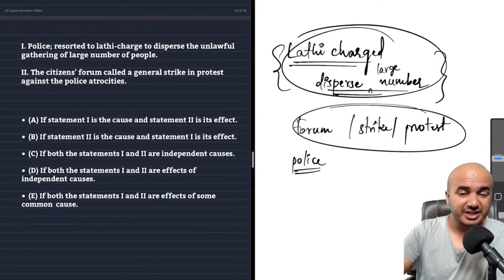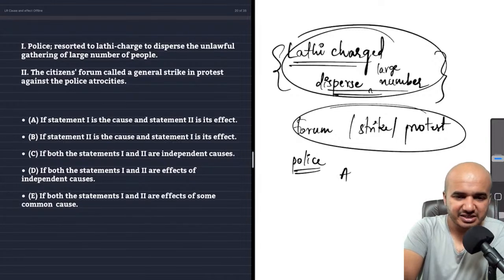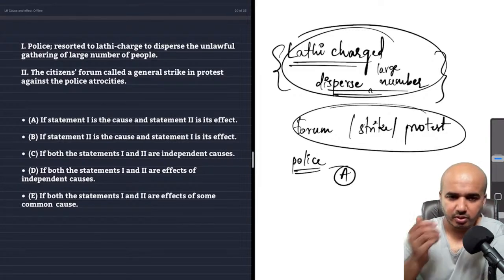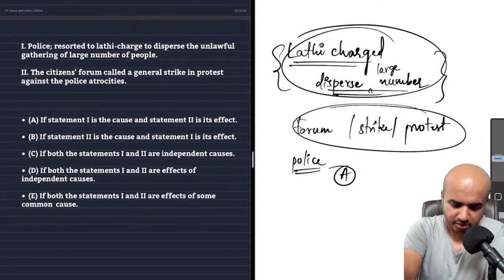Therefore option A can be easily selected. So that's about the cause and effect reasoning. We'll move on to the next topic, which is coding and decoding.